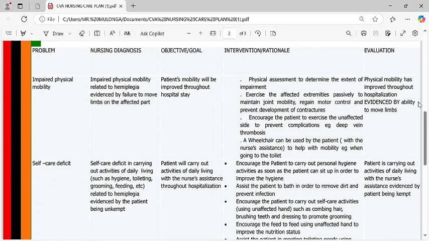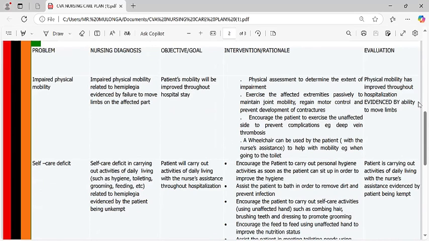So what we're doing here is that we want to perform passive exercises on the affected limbs, so that we'll make sure that this patient will not develop what we call contractures, or this person will maintain some form of joint mobility in the joints of that limb.